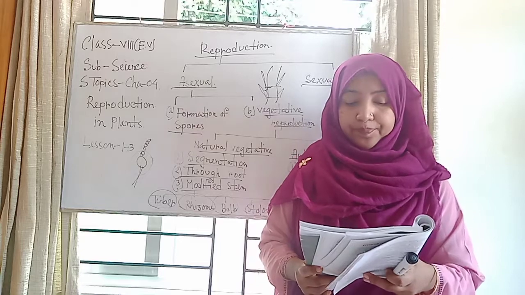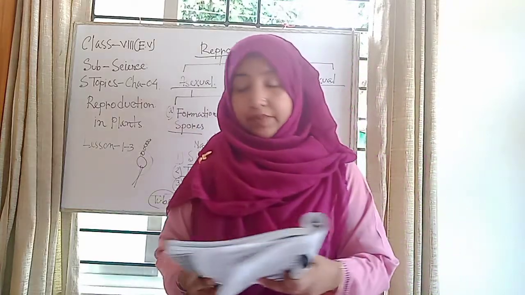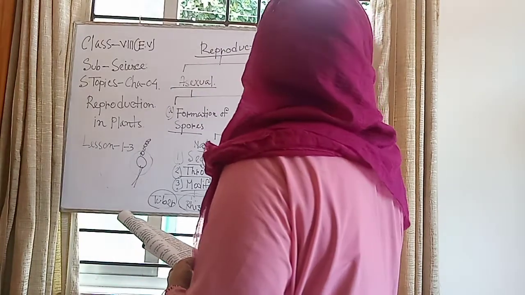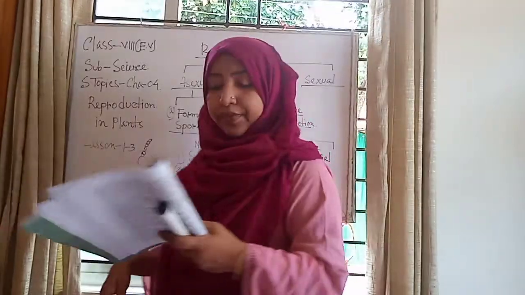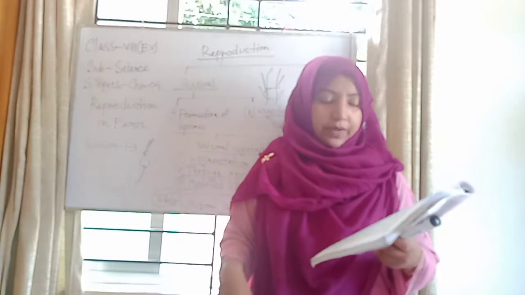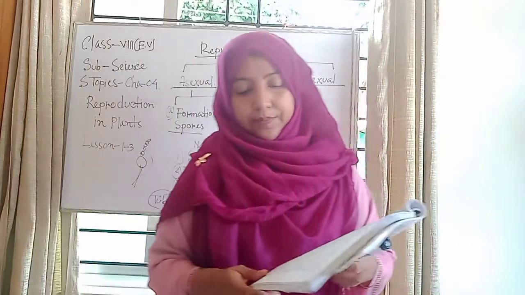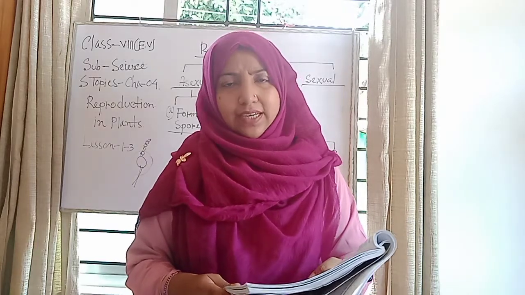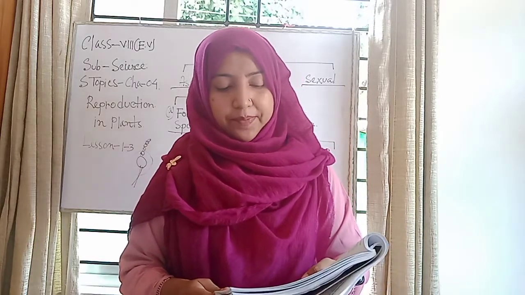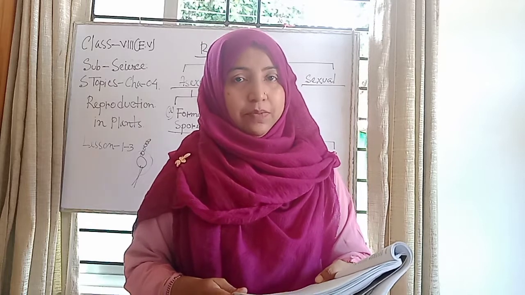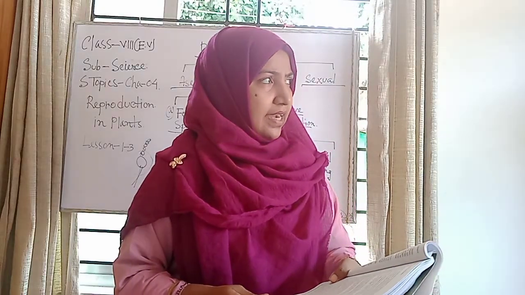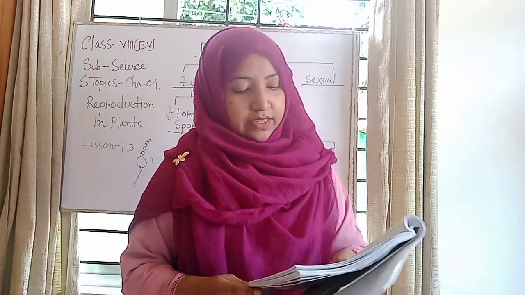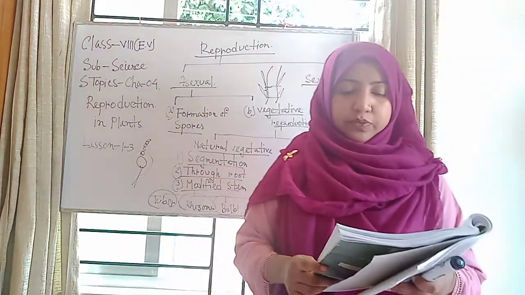Example, yam. From leaves. From a detached leaf of bryophyllum, numerous young bryophyllum plants grow. Bryophyllum is another very important plant, and it is also a xerophyte type of plant. Examples: stone chips, bryophyllum.